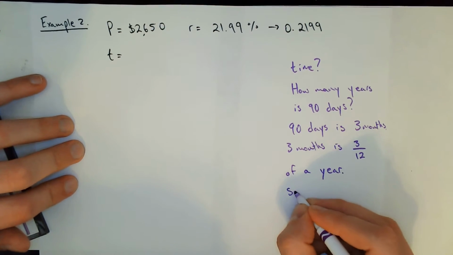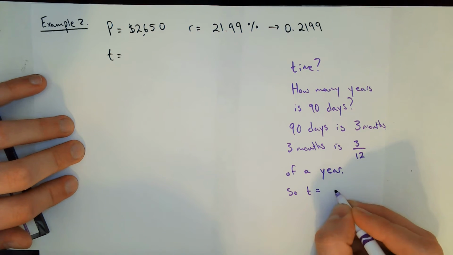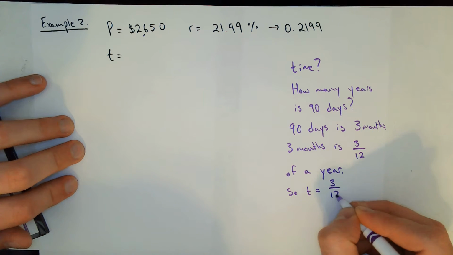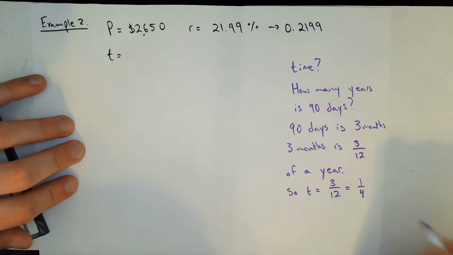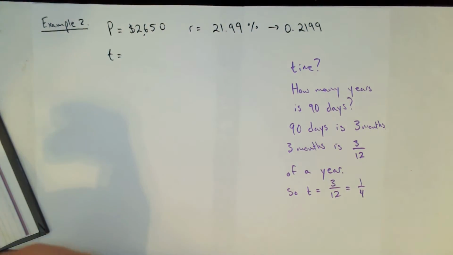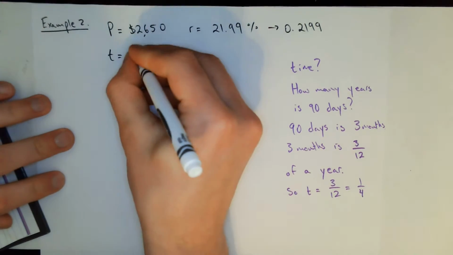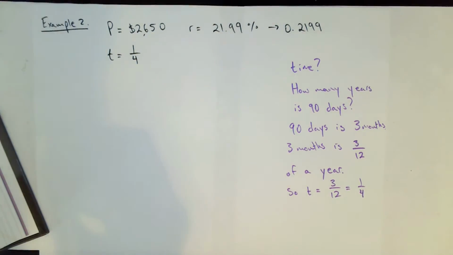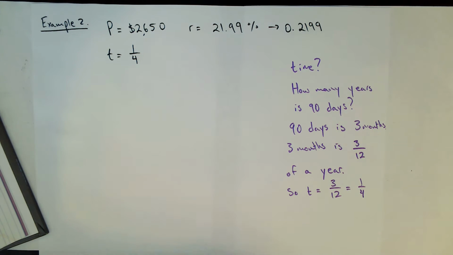So T is equal to 3/12 or 1/4. I'll write it in. Here we go. So anytime you've got some time span given in months or even days, you've got to convert that to years.